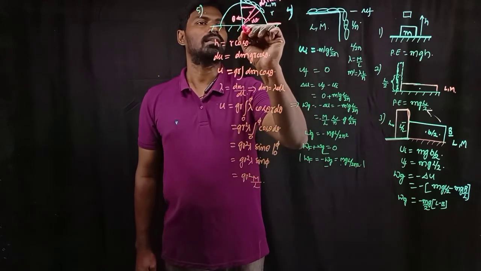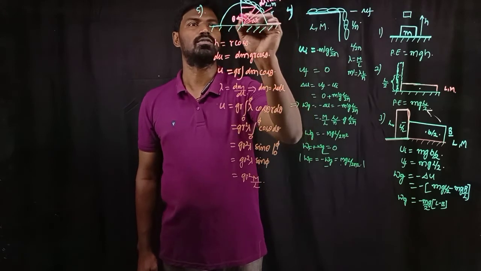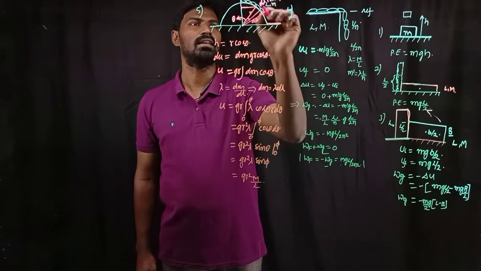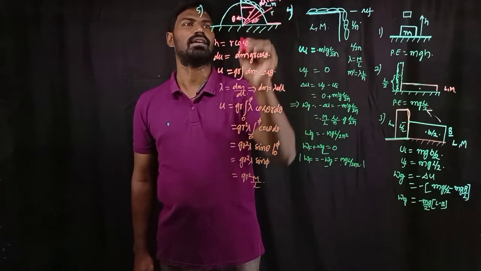If you take this end point, then this total angle between this blue line and this pink line is phi.